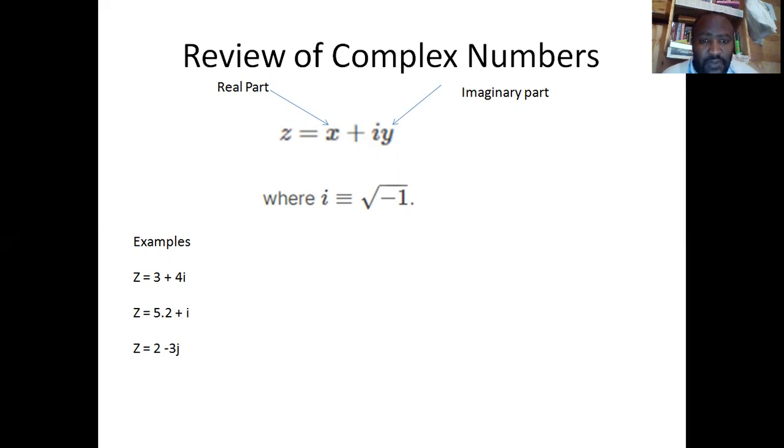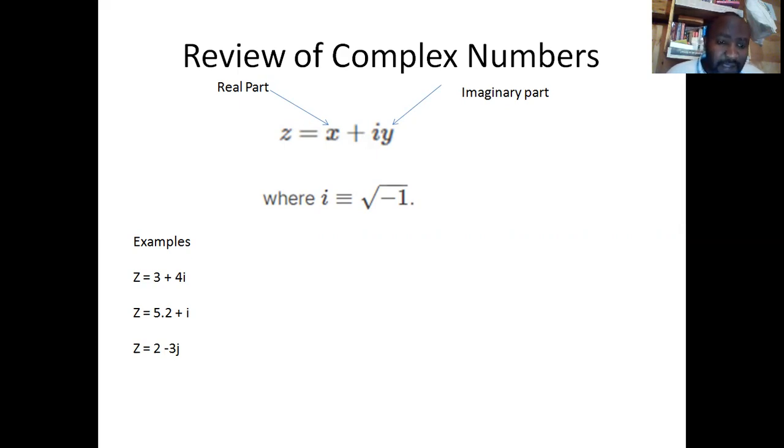Okay, so if you see a number that has a coefficient of i, then you know that is the imaginary part of the complex number. And when you see the other part without the imaginary number, then you know that is the real part.